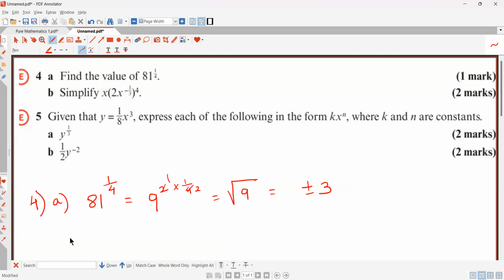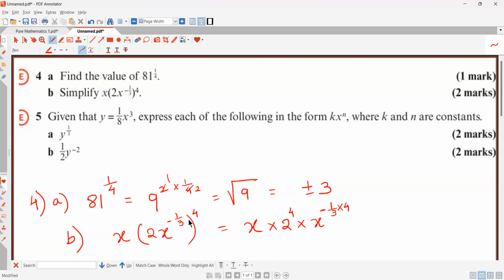Let's go to the B part now. They say x, open bracket, 2x minus 1 by 3 raised to 4 is equal to x into 2 raised to 4 into x raised to minus 1 by 3 multiplied by 4.